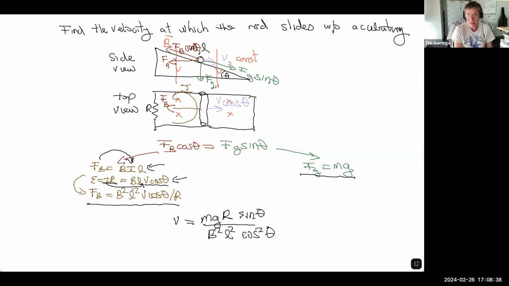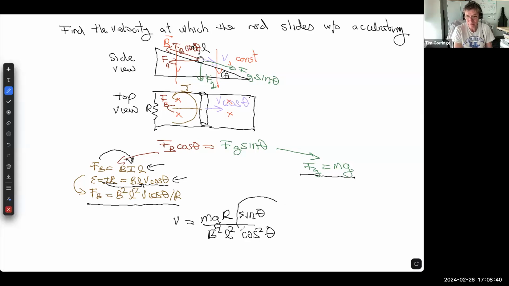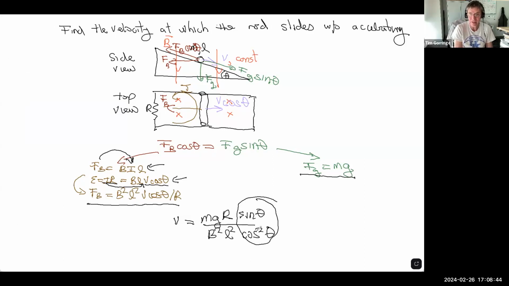There's also over here a complicated dependence on the angle of the incline. This dependence came about because, you know, it was a component of gravity down the incline that was involved in the equilibrium. It was a component of magnetism that acted up the incline that was involved in the equilibrium. And it also arose from this V cosine theta here.